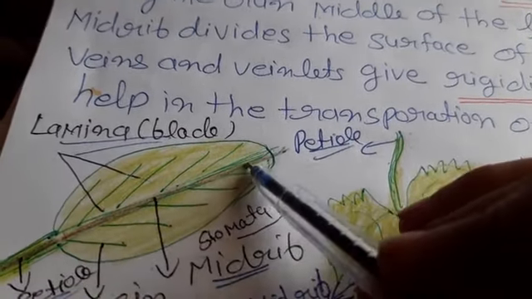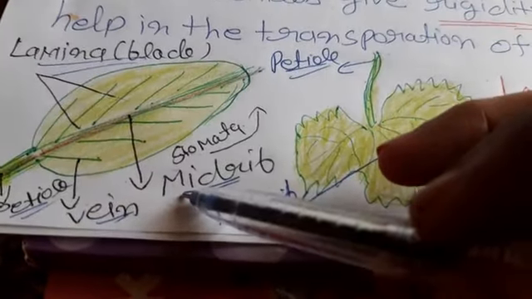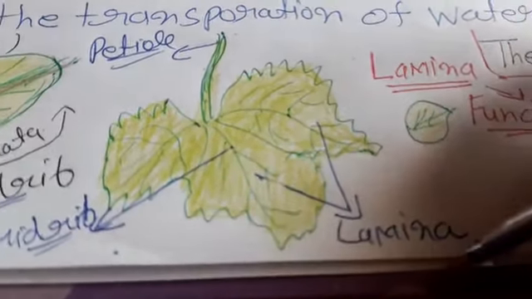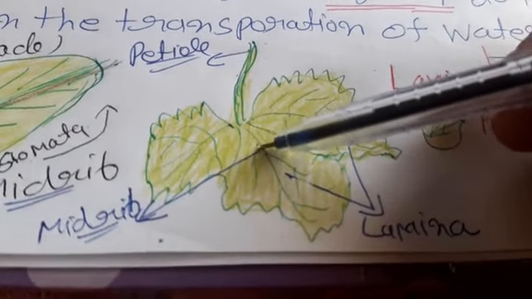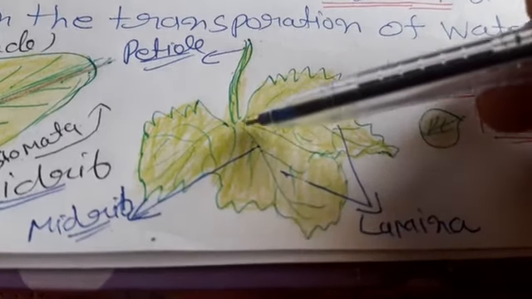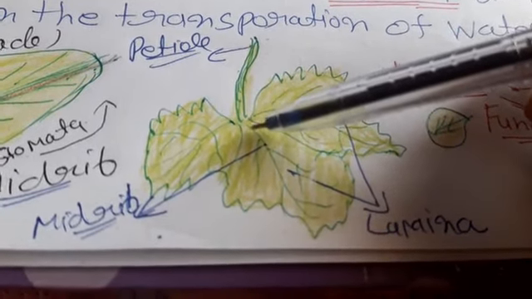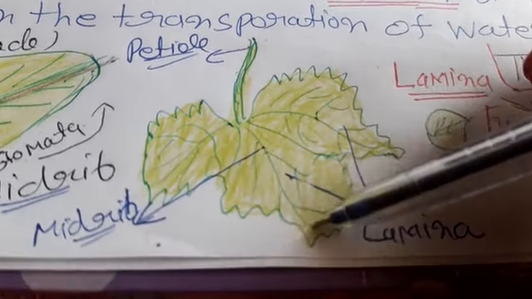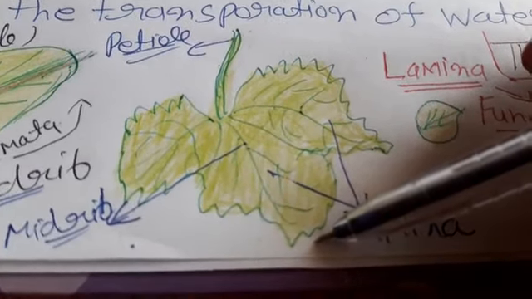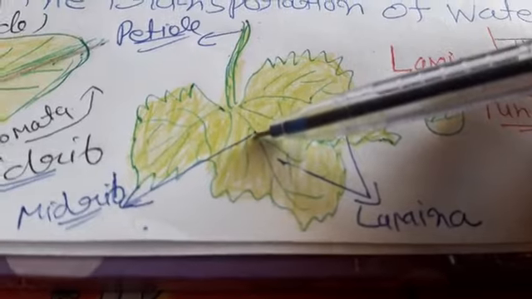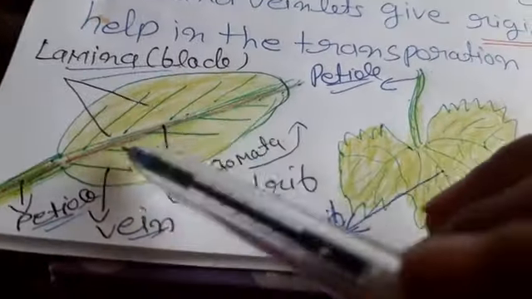This is called the central vein or midrib. The vein that runs along the middle of the leaf is called the midrib.